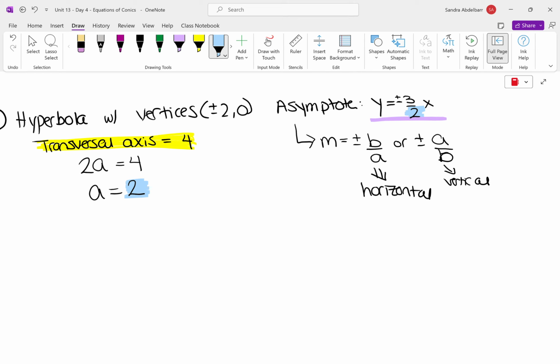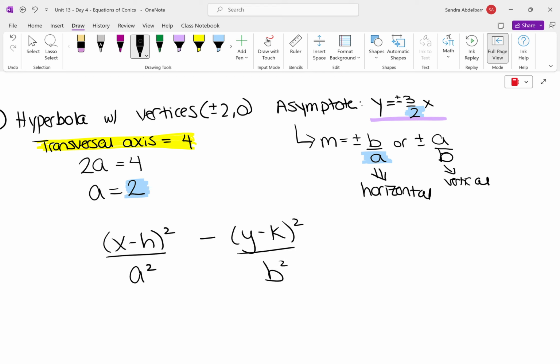And since a is in the denominator of the slope, is it b over a or a over b? B over a, which solidifies that this is what kind of hyperbola? Horizontal hyperbola. So now we're going with the quantity of x minus h squared over a squared minus the quantity of y minus k squared over b squared equals 1. So now I know that I'm dealing with a horizontal hyperbola. I know my a is 2. What's my b?